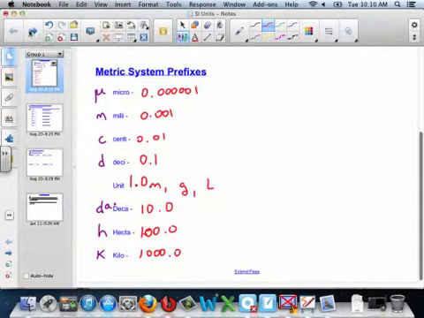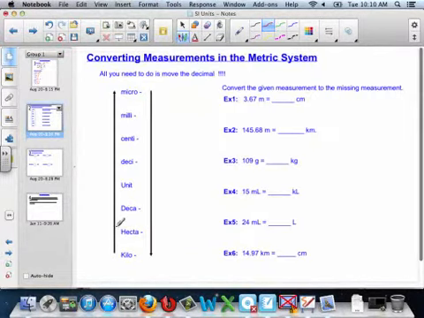All right, so let's do some conversions here. We already said, if we are going from a small value to a big value, we move the decimal to the left. If we're going from a big value to a small value, we move it to the right.